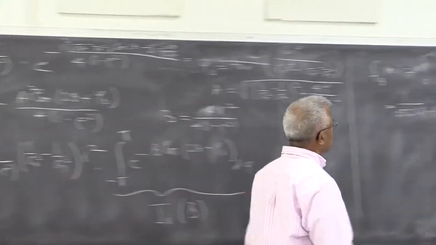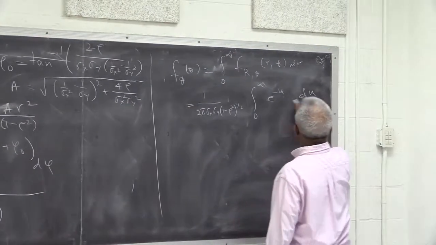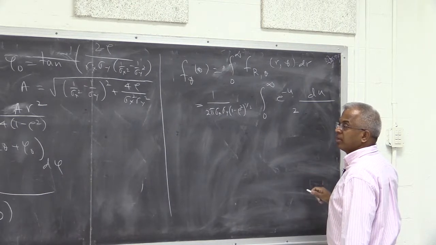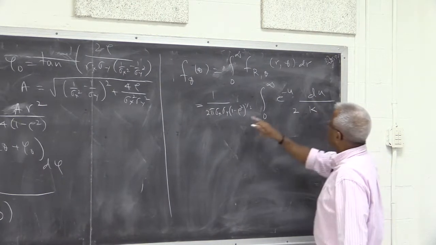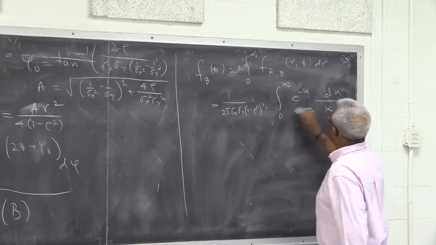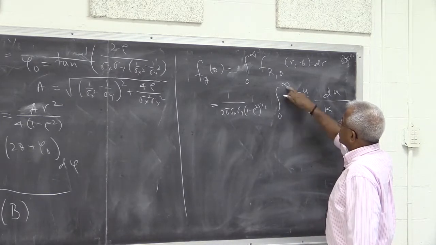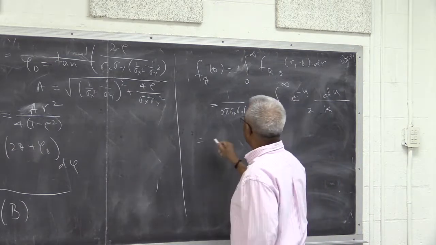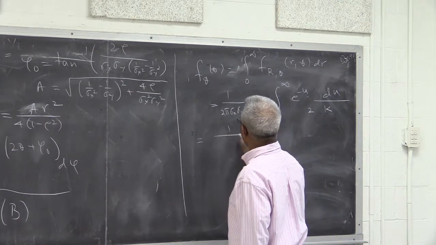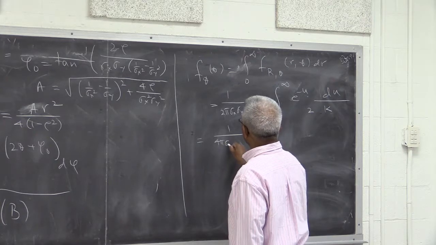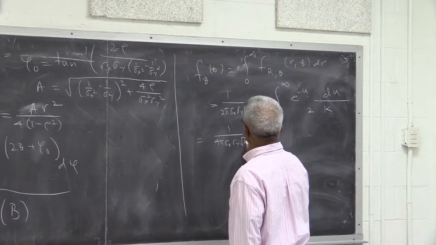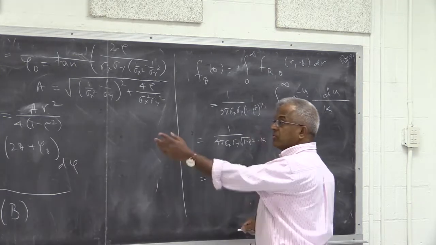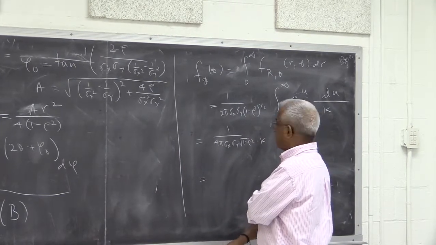So k is that whole thing, and that 2k goes outside. Then the integral 0 to infinity of e raised to minus u du is 1. So the answer is 1 over 4 pi sigma x sigma y square root of 1 minus rho squared multiplied by k. So let me substitute for k from there.